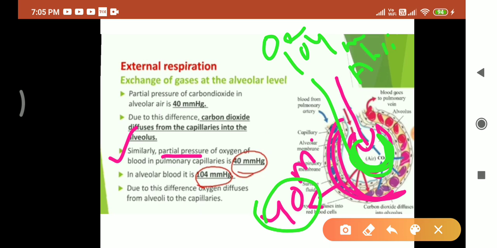For carbon dioxide, outside it is 45 and inside the alveoli it is 40. For oxygen, it is 104 mmHg, higher in the alveolus and lower in the capillaries. So that's why oxygen diffuses from the alveoli into the blood capillaries.